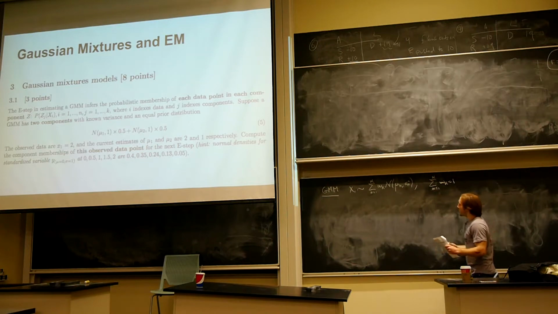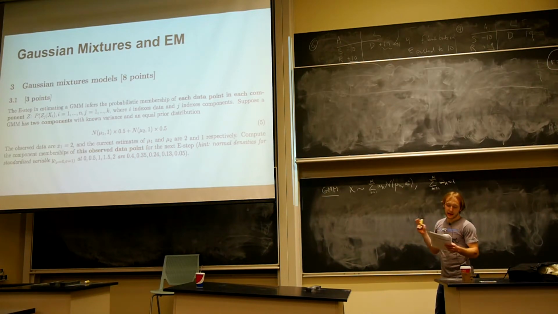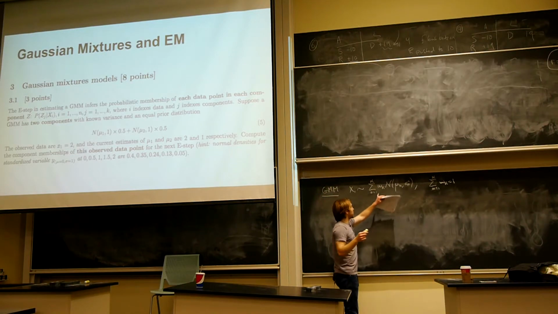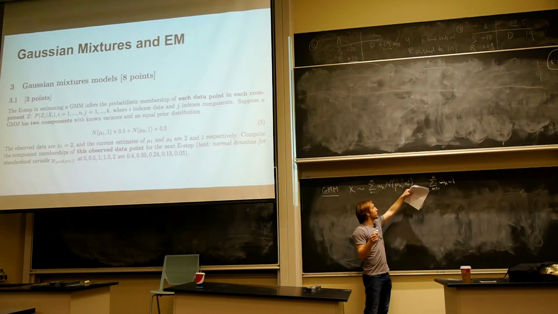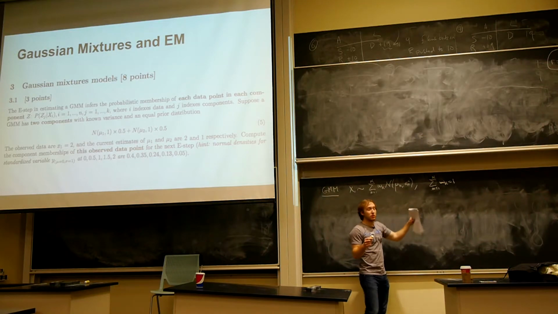OK. In this problem, we have a two-component, uniformly weighted Gaussian mixture with a fixed unit variance. So essentially, we have two components, w1 and w2, and each of them is 0.5. We assume that sigma k isn't a parameter that we want to estimate. It's fixed at 1, and we only have parameters mu1 and mu2.